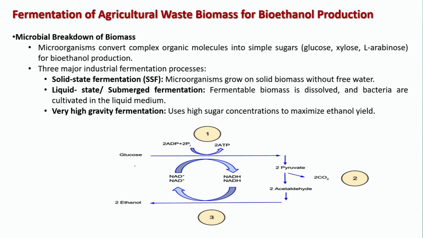And the 3 major industrial fermentations I already mentioned. So these are those particular processes and the energy involved, particularly for converting those simple sugar molecules, from glucose finally to your ethanol. So you need this sort of mediation, and this mediation is definitely mediated by some enzyme, and it is always going to yield energy.